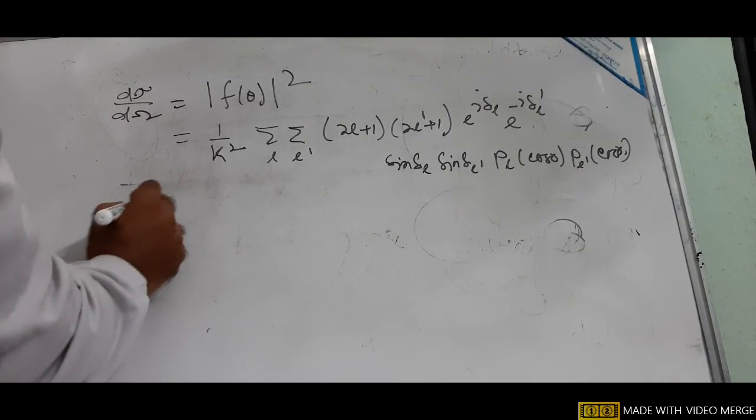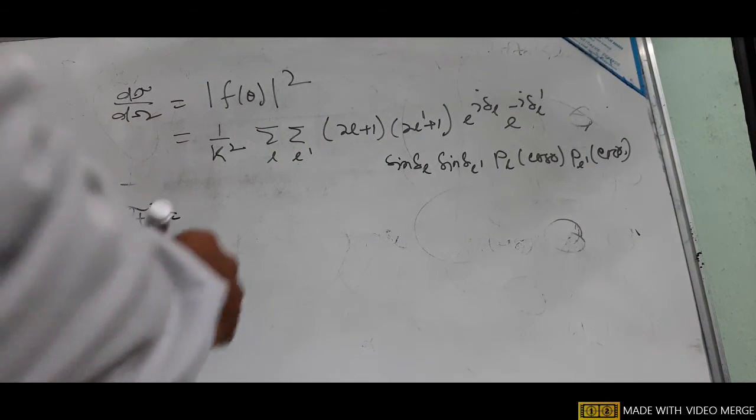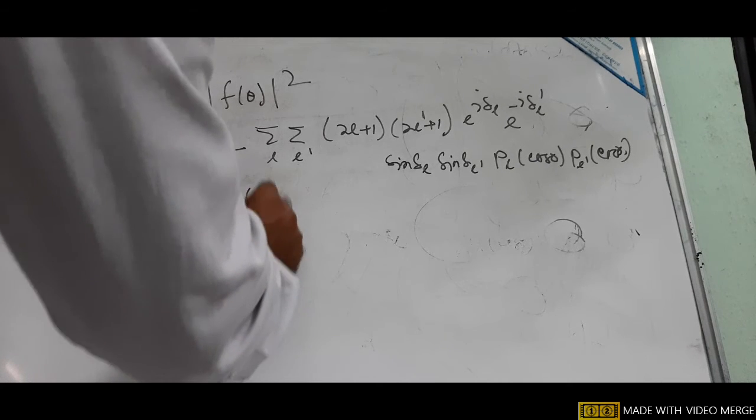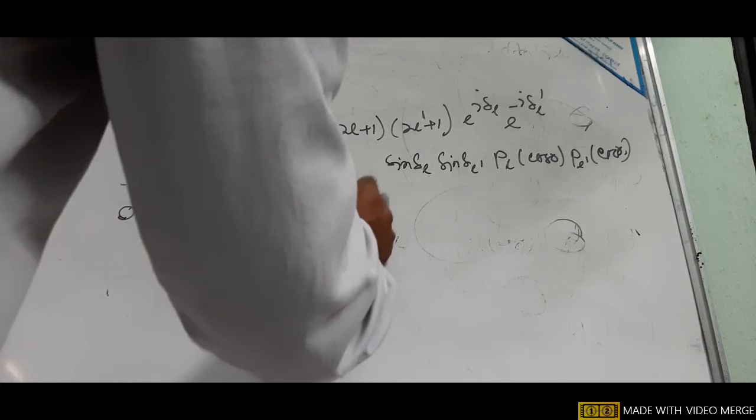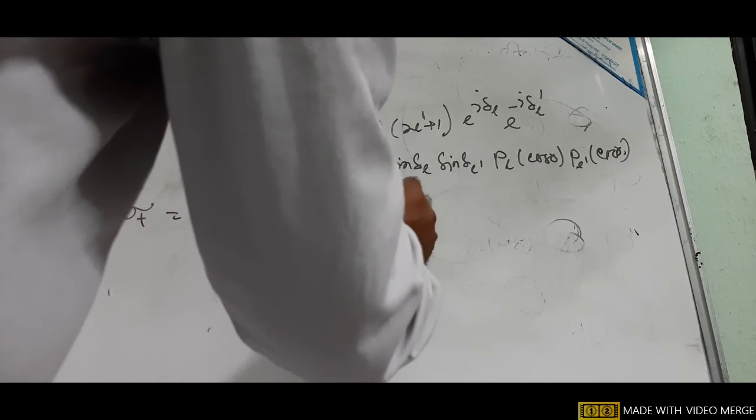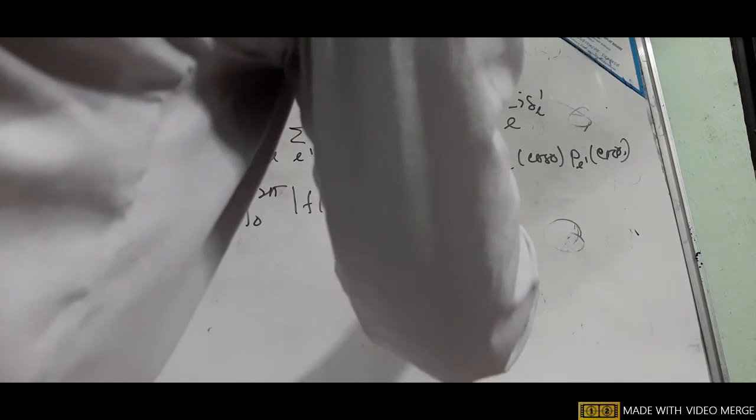So sigma t, that is the total cross section, is equal to the integral from 0 to pi, 0 to 2 pi of f theta whole square sine theta d theta d phi.